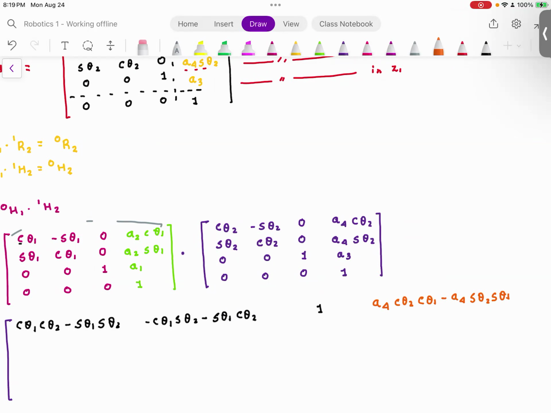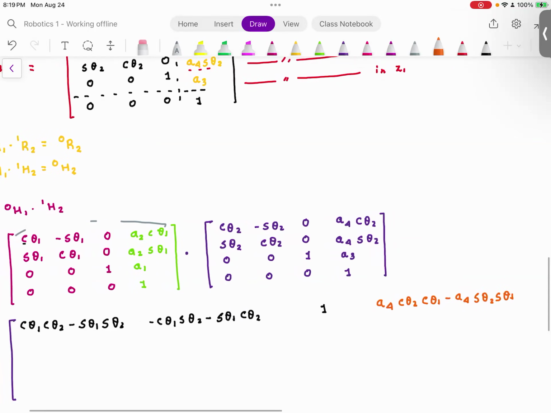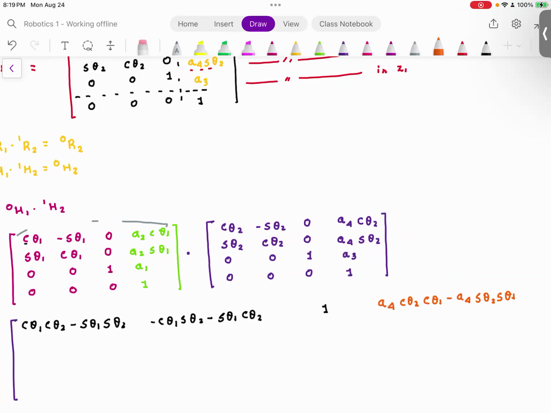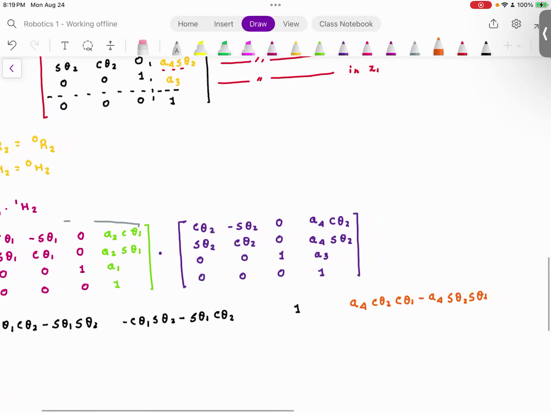Then I'm going to have 0, and the last term here is A2 cosine theta 1.